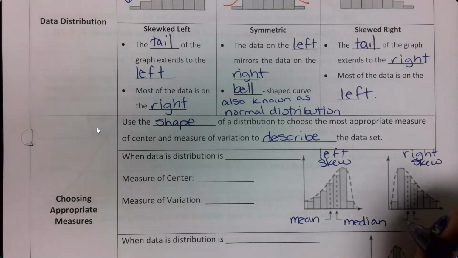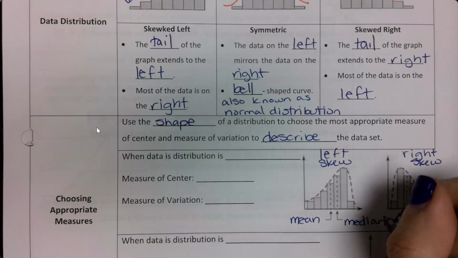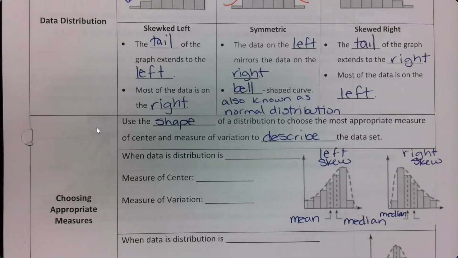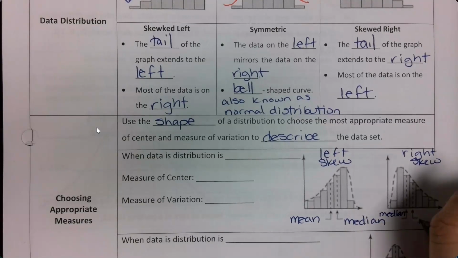On my right skew, the first dashed line is also my median, and the second dashed line is my mean.